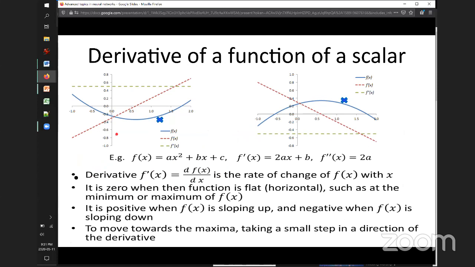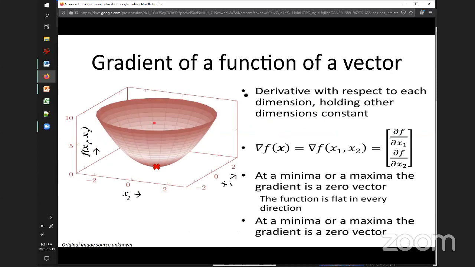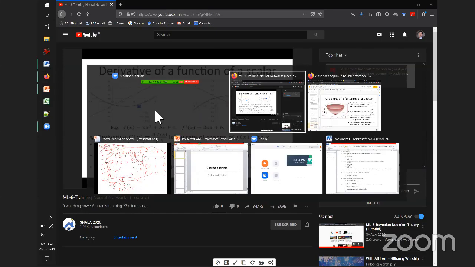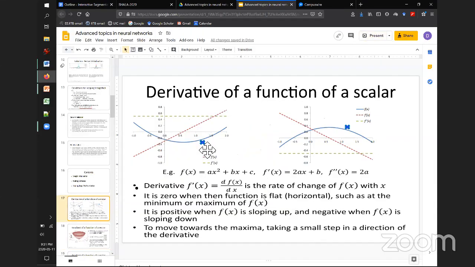These blue dots were supposed to be at the bottom, so this is where it should be. It's fine in PowerPoint, and then this thing shifts it a bit. Okay, that's fine.